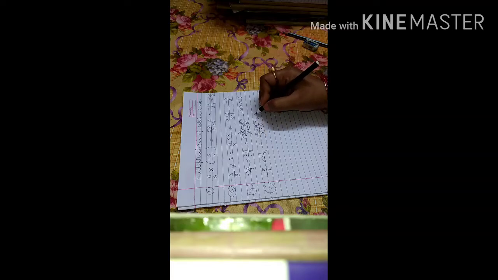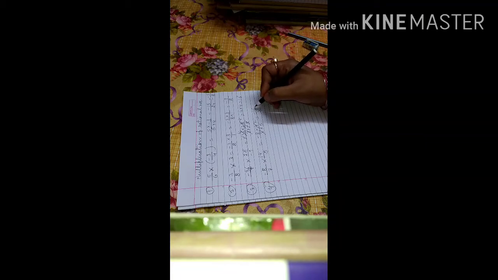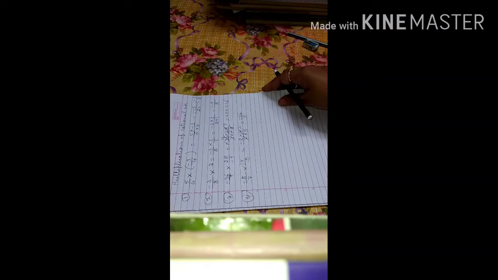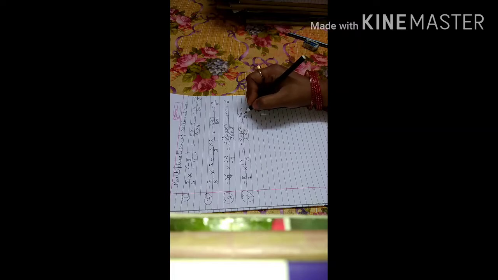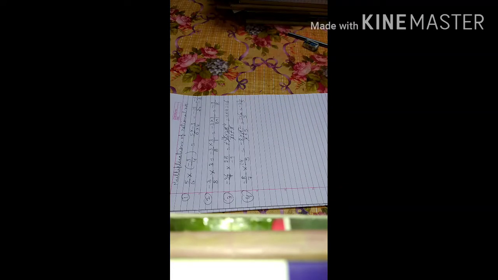So minus 8 into 2, minus 16 by 5. Here the numerator is greater than the denominator, so we can change it into a mixed fraction. Minus 5 3s are 15, 1 remainder, and then 5. So minus 3 1 by 5 is the answer.